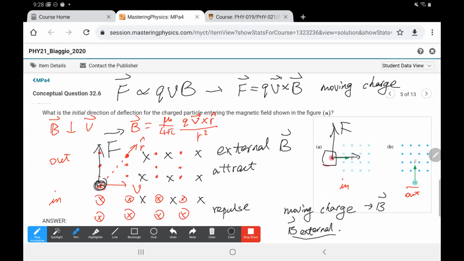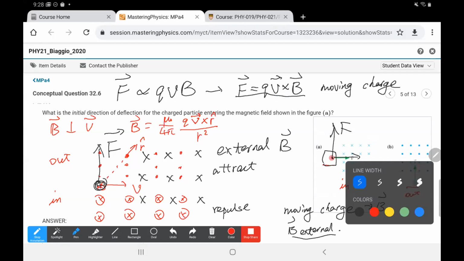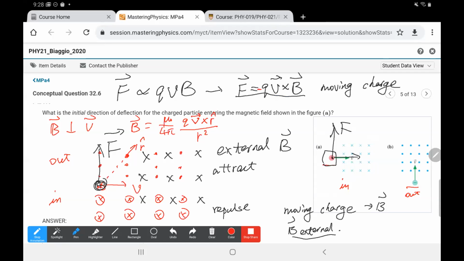And let's go to the second figure. We have a negative charge. So if the charge is negative in the equation, we have to put a negative sign in front of the equation. Okay, so we use the same right-hand rule to determine the direction, but we have to flip the direction because of the negative charge.